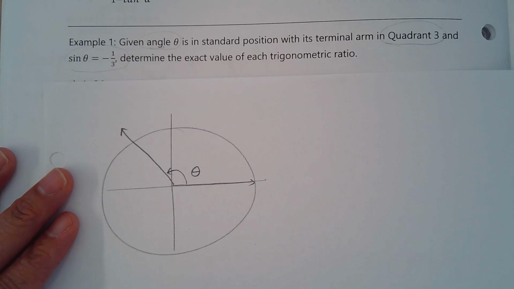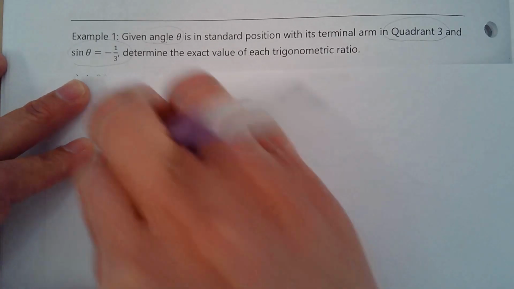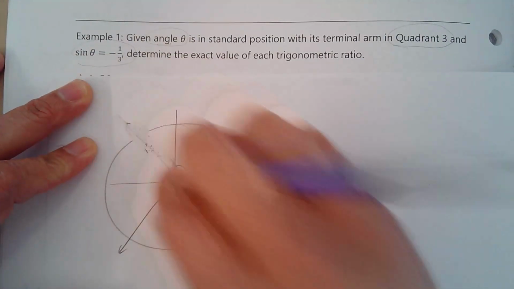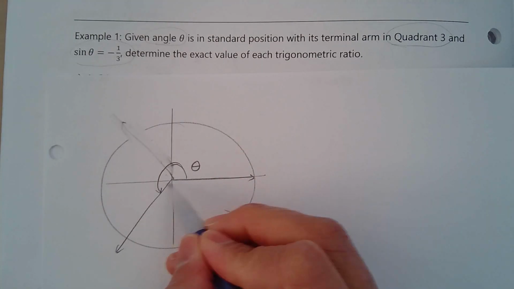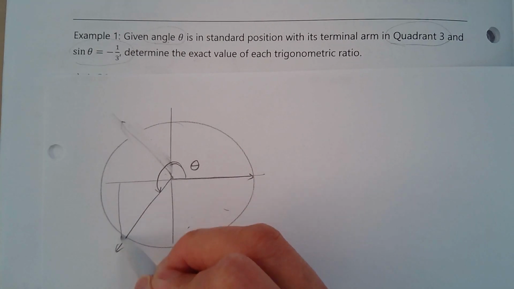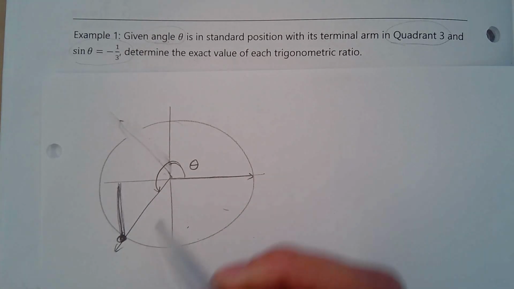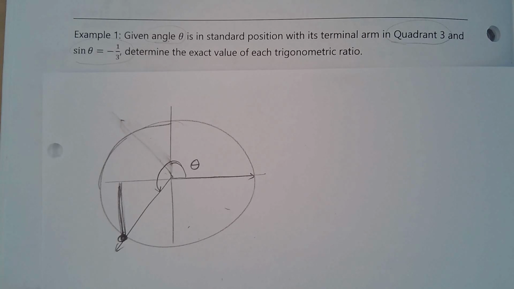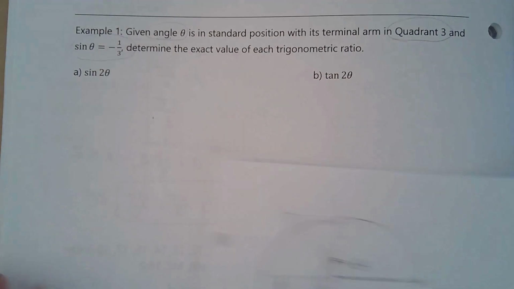Oh, that's not quadrant 3. Quadrant 3. The sine is negative, okay, which is true, right? So in quadrant 3, sine is negative here. And what we're going to do is determine the exact value of this trigonometric ratio: sine 2 theta, tan 2 theta.